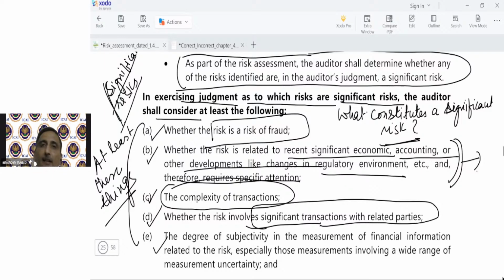Clear? So guys, you have to remember all these points. This question has come a few times and it may be repeated. What are the factors which the auditor should consider while deciding whether a risk is a significant risk or not? This is a direct question, so unless you remember all these points, you will not be able to write.